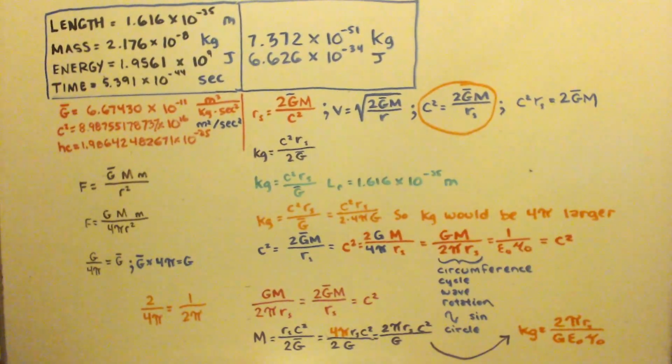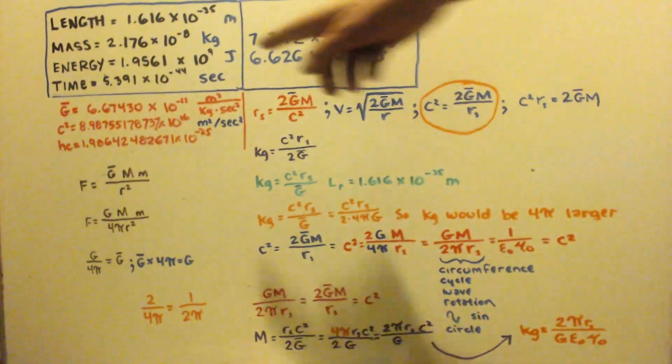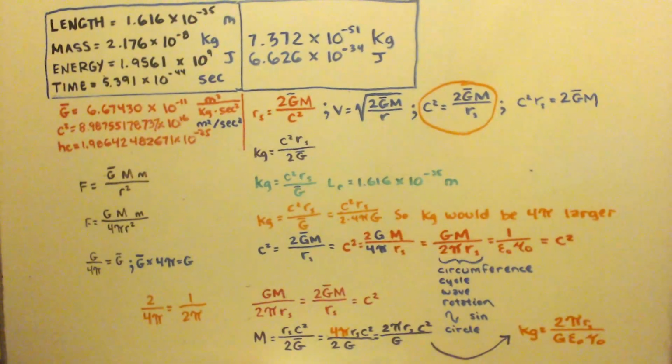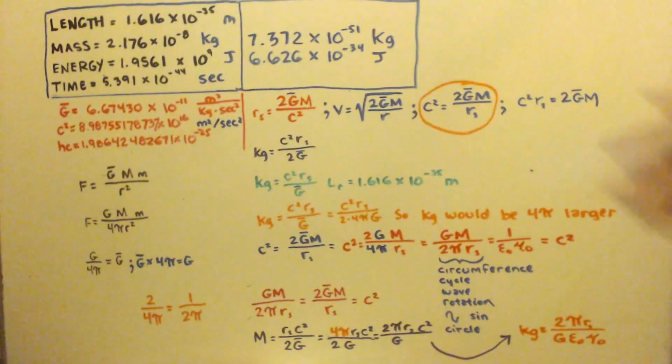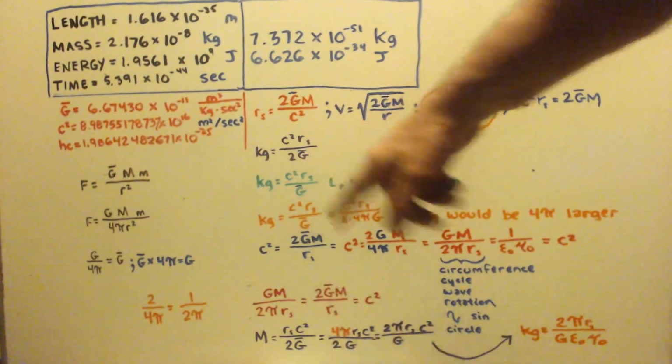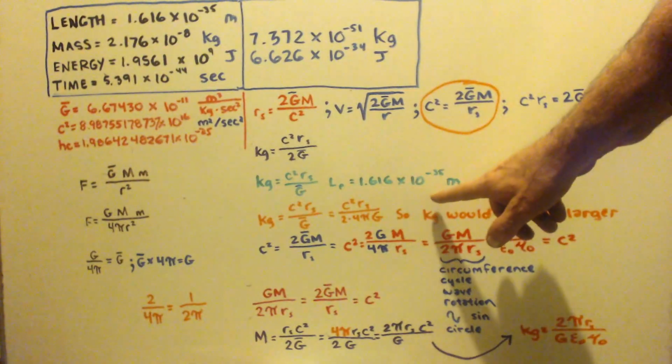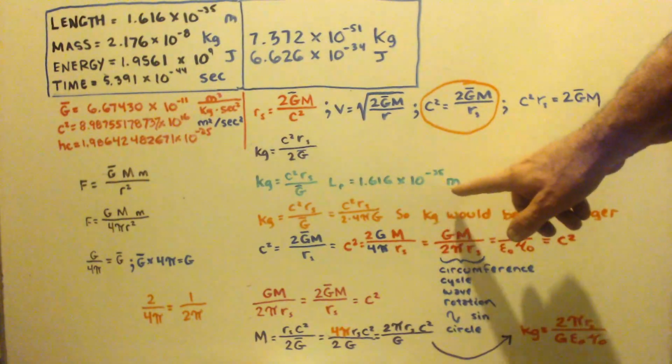Now, when we did Planck's length, we plugged in these numbers for his equation, and then we put it into this equation too, and we came out with this length, 10 to the negative 35th meters.